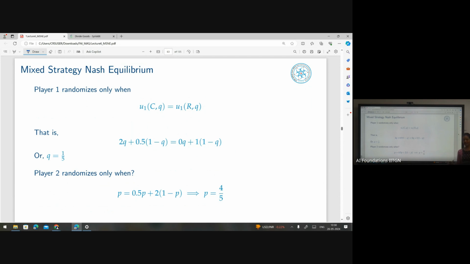Player 2 again will randomize only when the utility that it gets by playing the pure strategy, given that agent 1 is playing a mixed strategy P, is the same. If you solve the equations, I didn't write that.